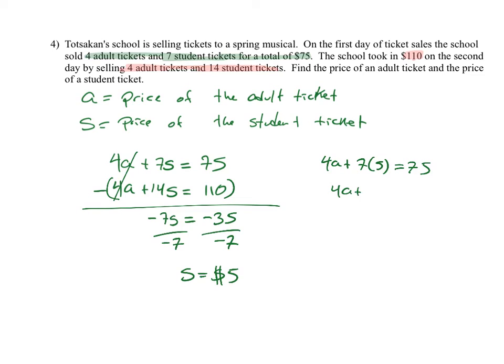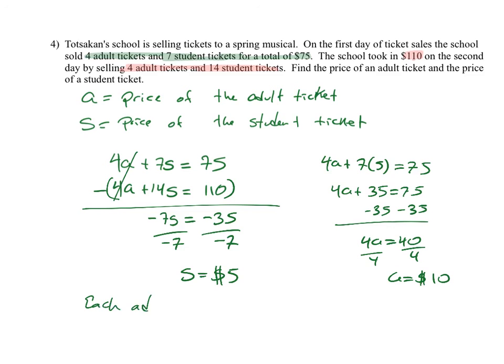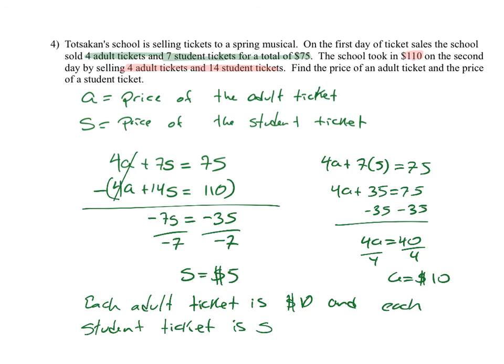So 4a plus 35 equals 75, minus 35, so 4a equals 40, and I'm going to divide by 4. So each adult ticket is $10, and each student ticket is $5.